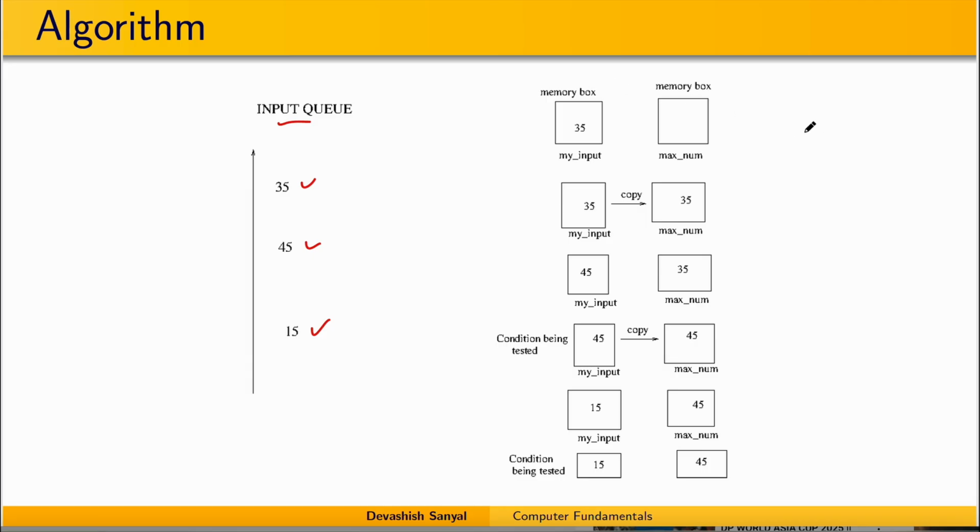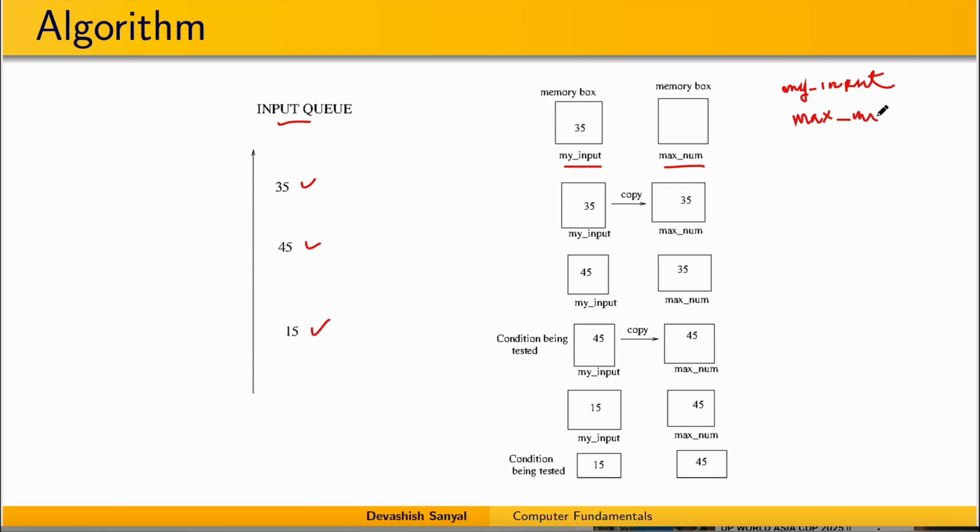In the computer we will allocate memory, and we will call one my_input, and we will allocate another memory which we will call max_num.